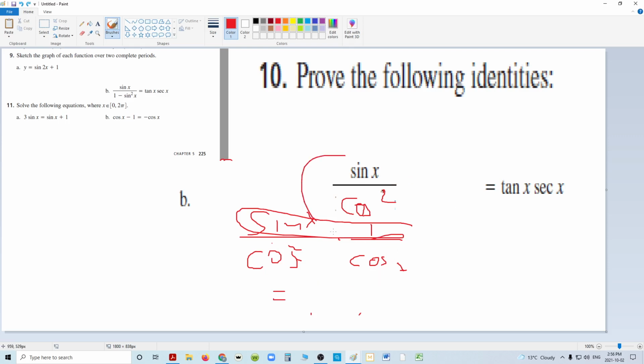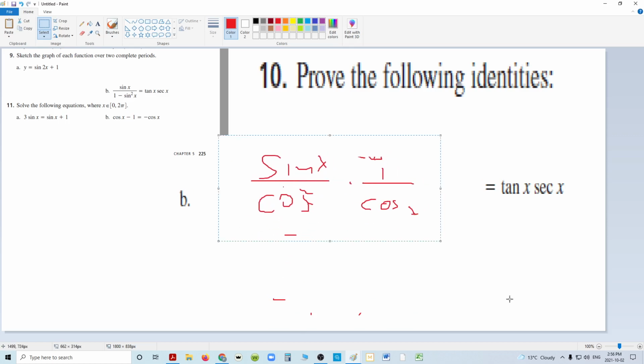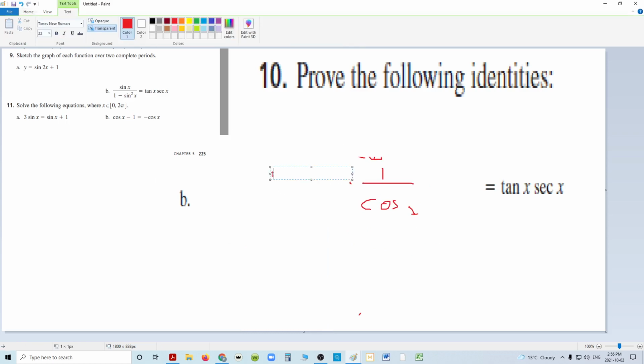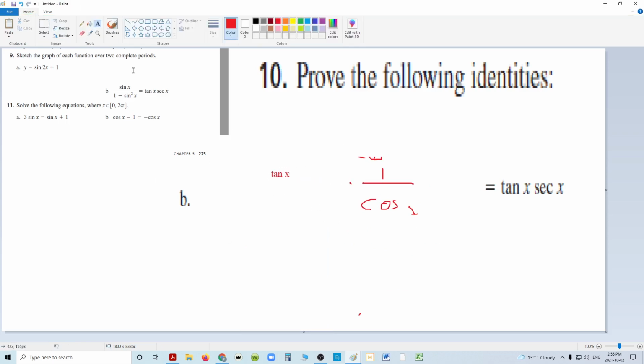Okay, that means I can replace this fraction with that fraction. Well, I happen to know that sine x over cos x is tan x. I happen to know that 1 over cos x is secant x. So I'm left with tan x times secant x. My left side equals my right side.